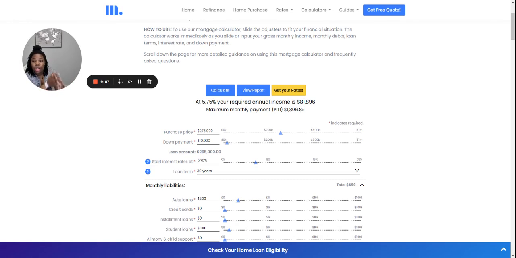I'm not sure where you are, but this is just an interesting way to look at how much money you need to earn to know about how much home you'll qualify for. Do not look at the monthly payment, but just look at how much home you'll be able to qualify for, and see, well, I know if I get a promotion or I get a raise, I'll be earning this much. So this is how much home I'll be able to afford.